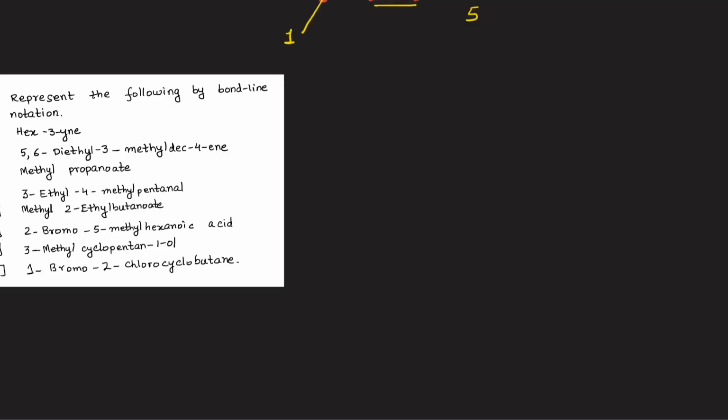So we start 2, 3, 4, 5, 6, 7, 8, 9 and 10. Just to be doubly sure, let's number them: 1, 2, 3, 4, 5, 6, 7, 8, 9, 10. Right?